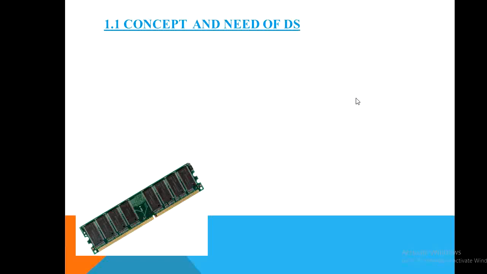We have to store the data in a particular way so that we can fetch it efficiently. That's why data structure comes into the picture. Data structure means how we structure or organize the data in memory in a particular way.